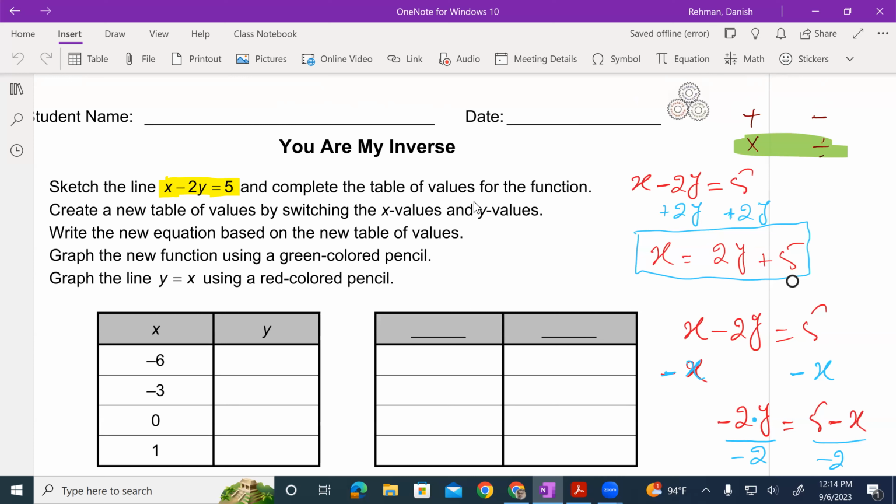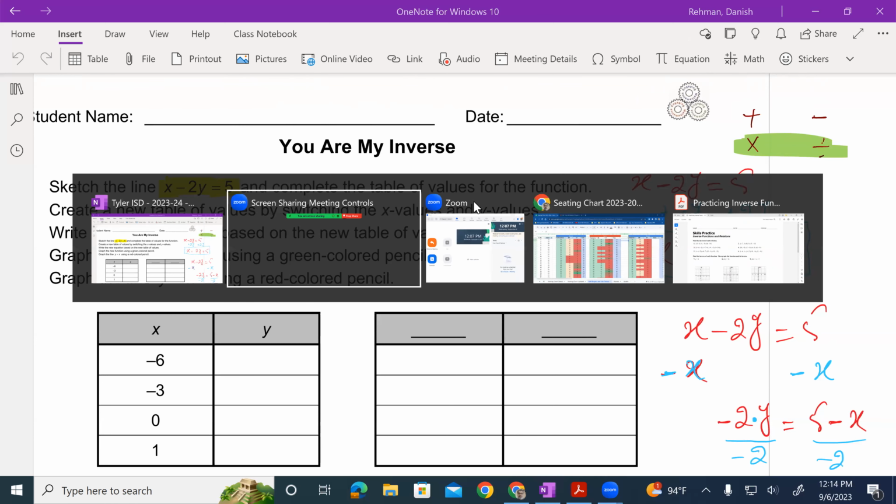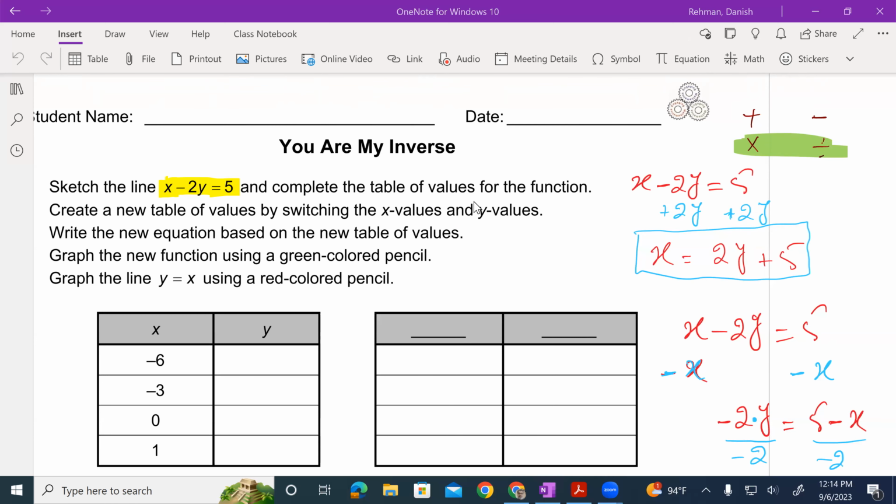And that's what we will do in a few minutes. And then complete the table of values for the function. So let's sketch the function first. I have separately shown you how to rearrange a function in different ways.